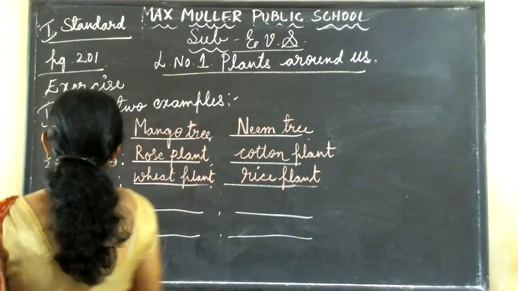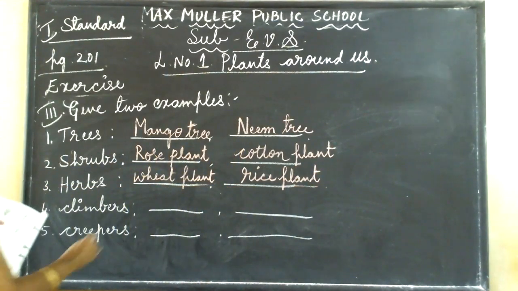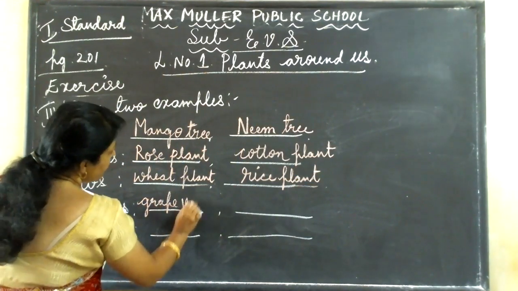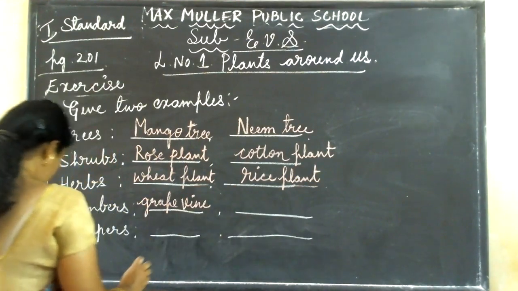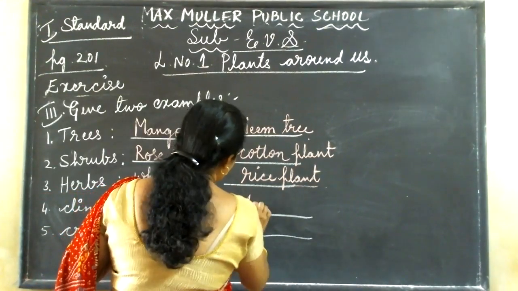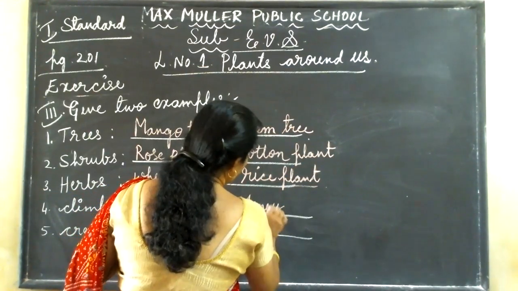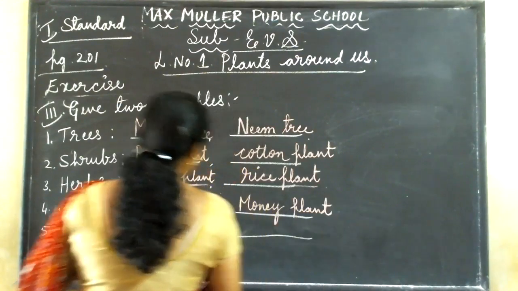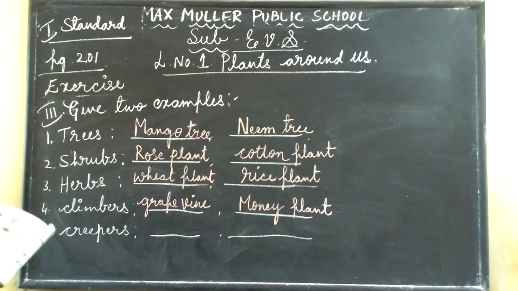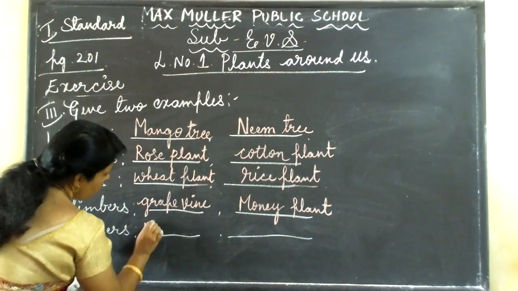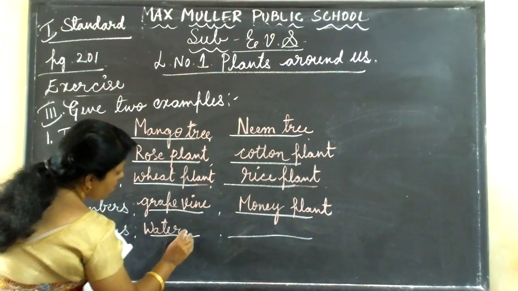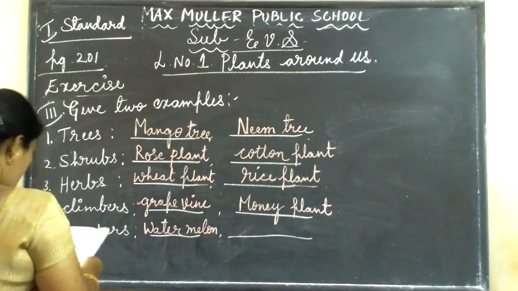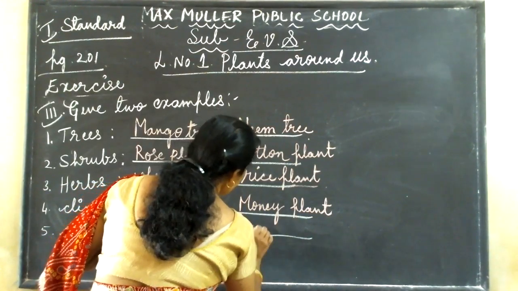Okay. Then climbers: grapevine and money plant. Then creepers: watermelon and then pumpkin.